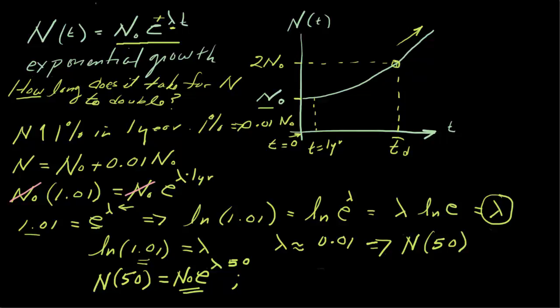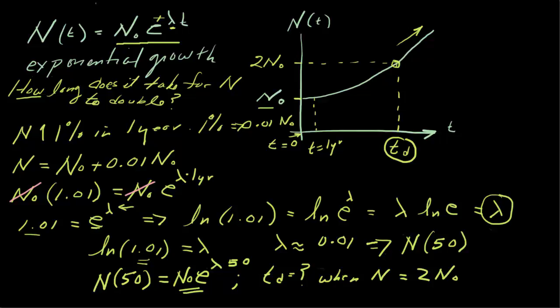Now another question that you could be asked is, what's the doubling time? We really haven't answered that question. But think about what you're asking when you ask that question. You're saying, what is the time td when the number n increases to 2n0?